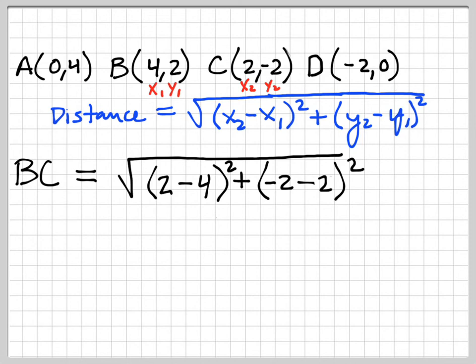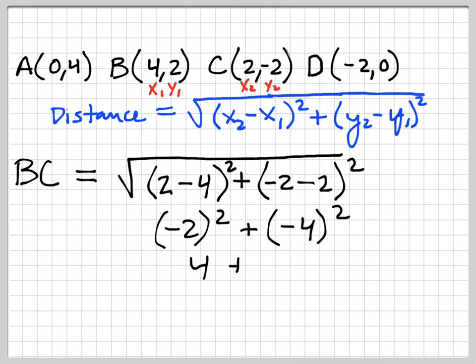In the first part we get negative 2 squared, negative 4 squared, which gives me 4 plus 16. And like we guessed, which is also equivalent to 4.5, and 1 to go.